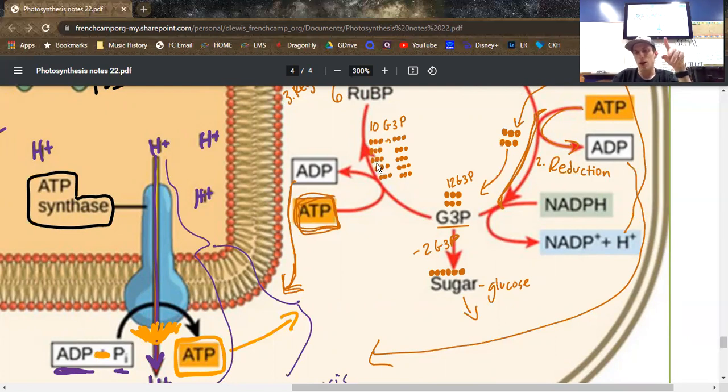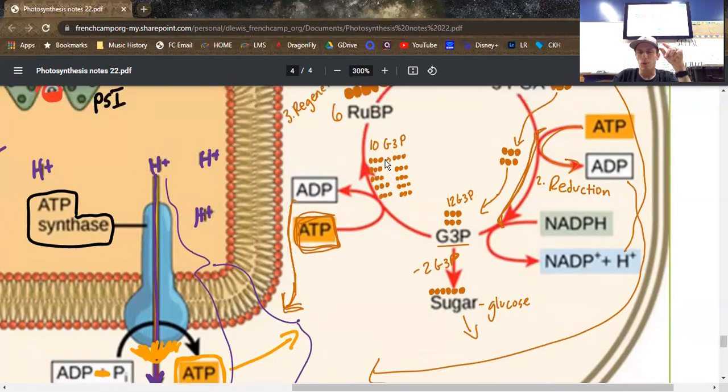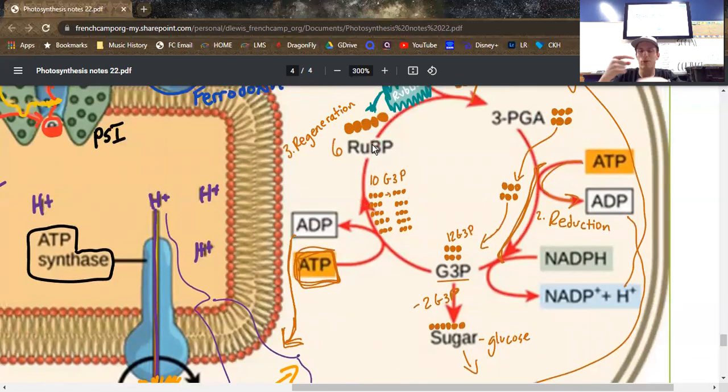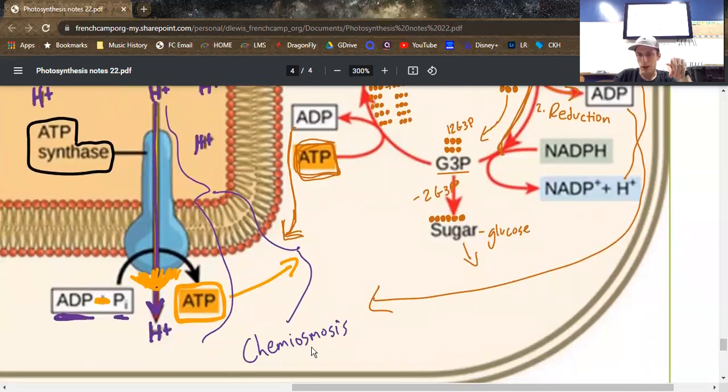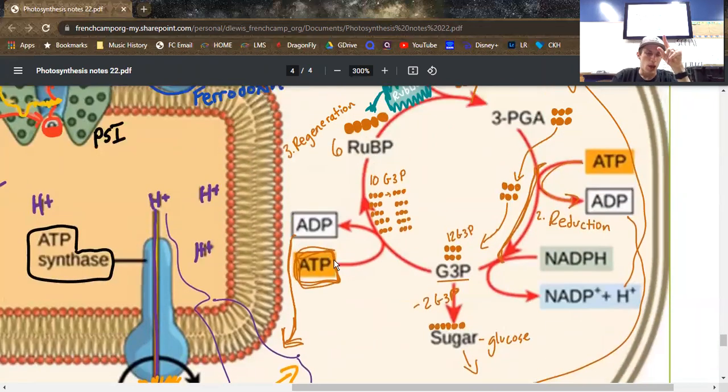All right. And so at this point, in order to keep this cycle going, we need to convert back into RuBP, which is step number 3, regeneration. So we'll use ATP energy from chemiosmosis. You can see how to spell that there. We'll use it from this ATP from chemiosmosis. ADP will go back and get recharged.